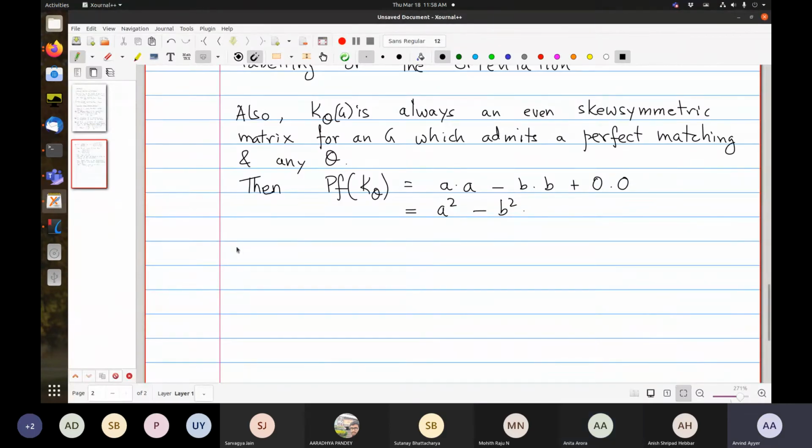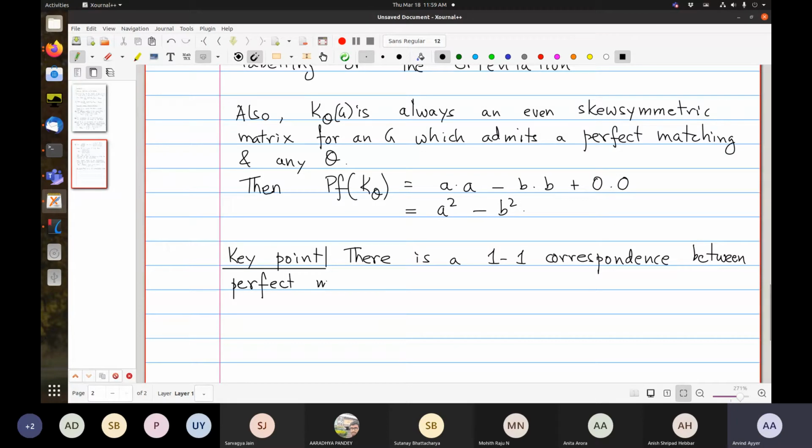So the key point is that, as you said, there is a one-to-one correspondence between perfect matchings of G and non-zero terms in the Pfaffian of K. Okay, why?